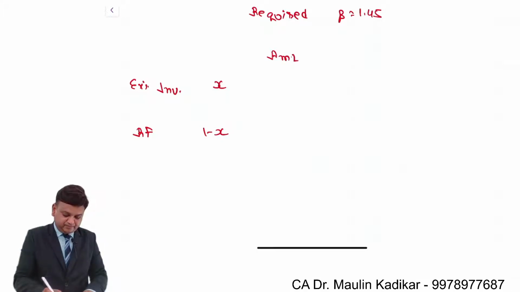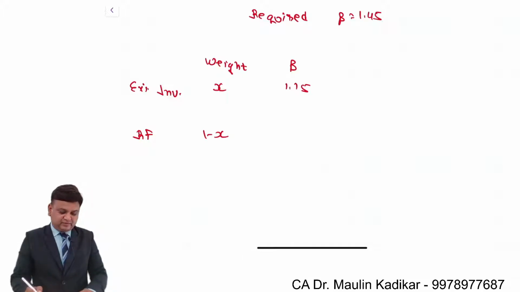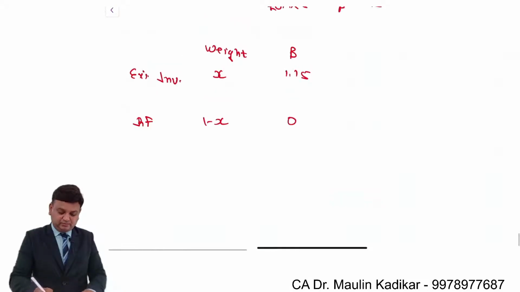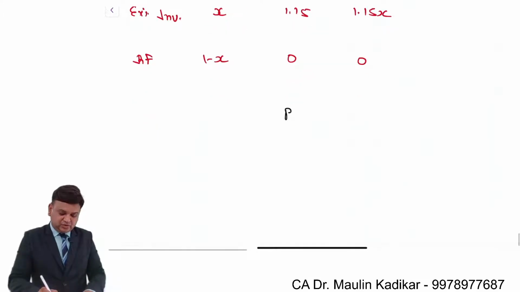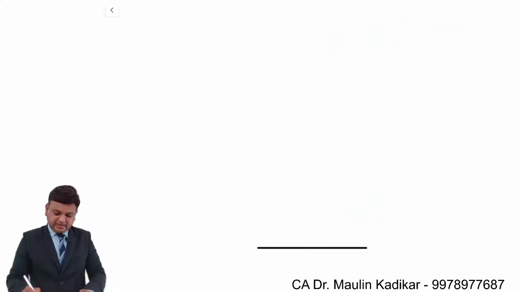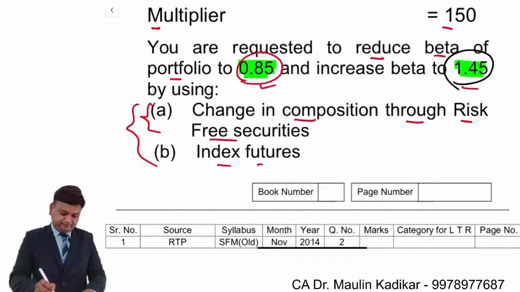Beta: this is the weight, beta. This is 1.15 and this is 0. Weight into beta: so 1.15x and this is 0. And dear students, the beta of the portfolio has to be 1.45. That is provided to us over here.